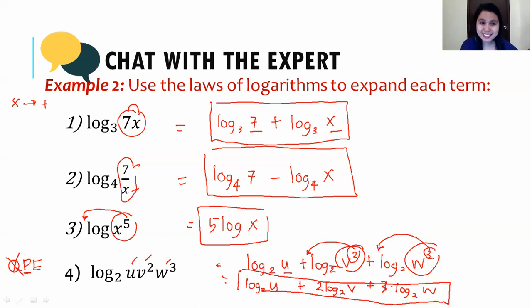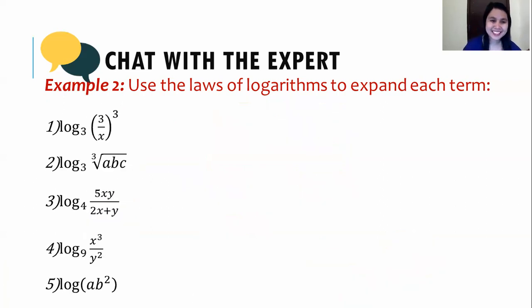Let's have more examples. Ready? Okay. The first one. The whole antilogarithm is raised to an exponent. So the exponent will go first. You have 3 log base 3.